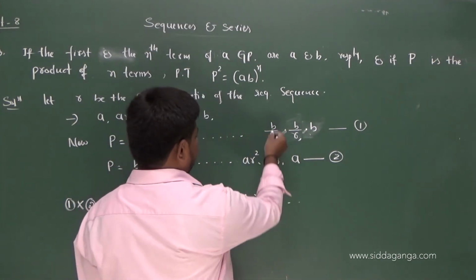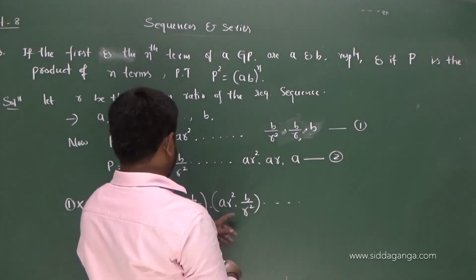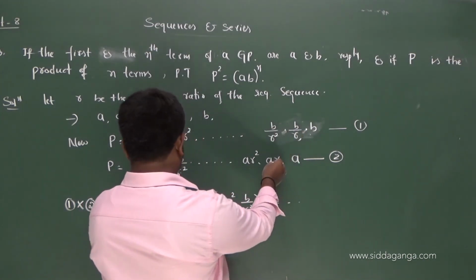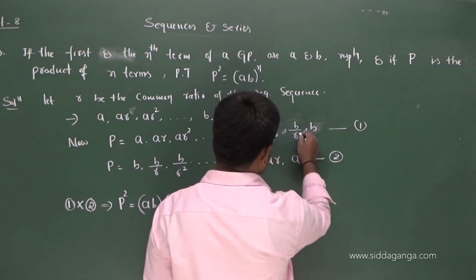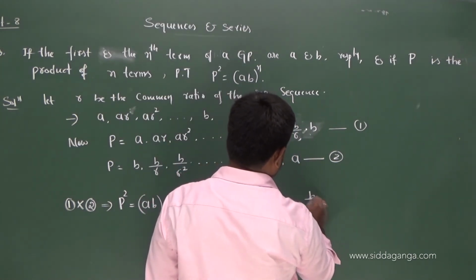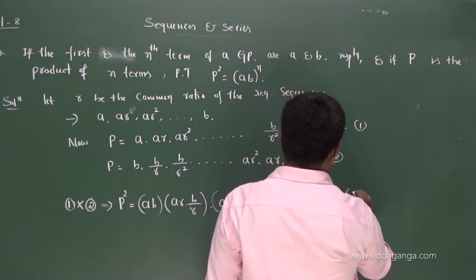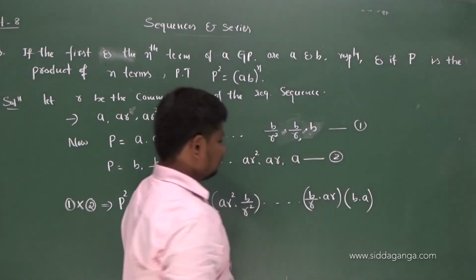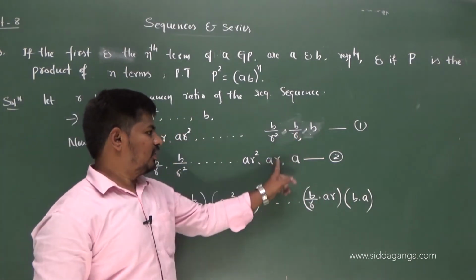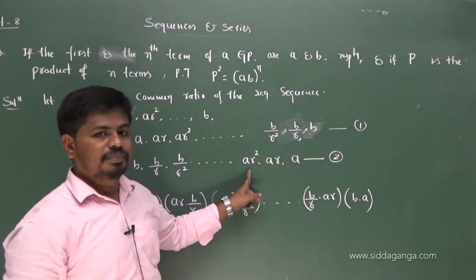The last two terms are AR into B by R, and B into A. This into this, this into this, and so on.